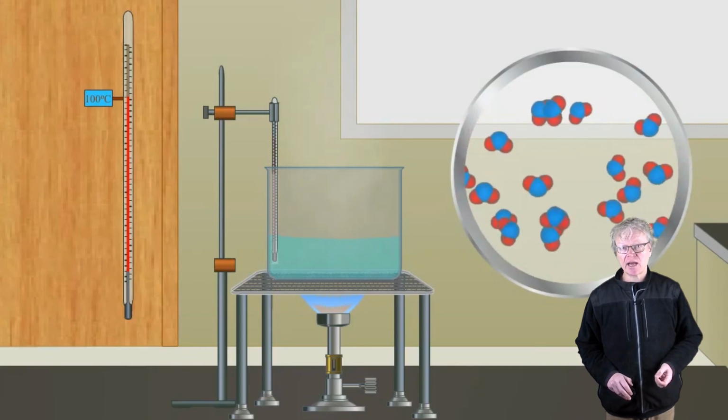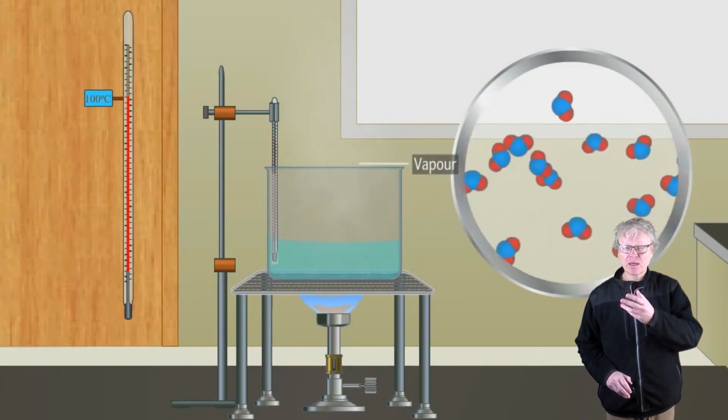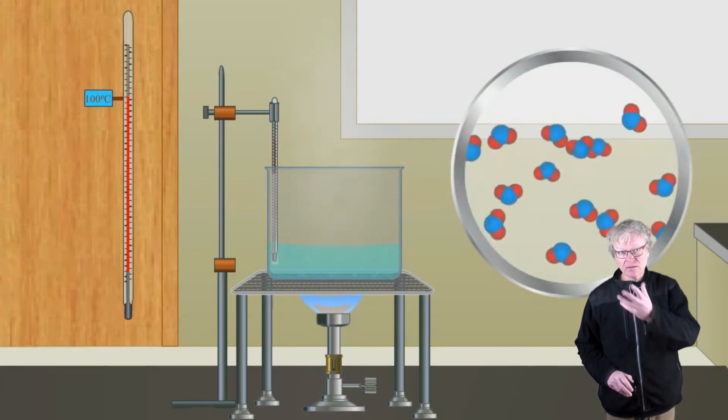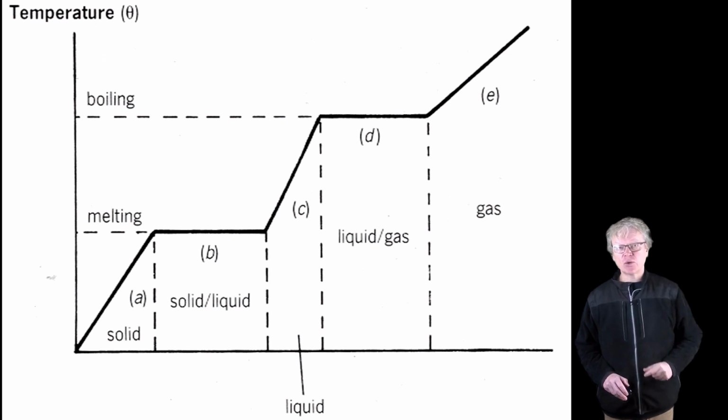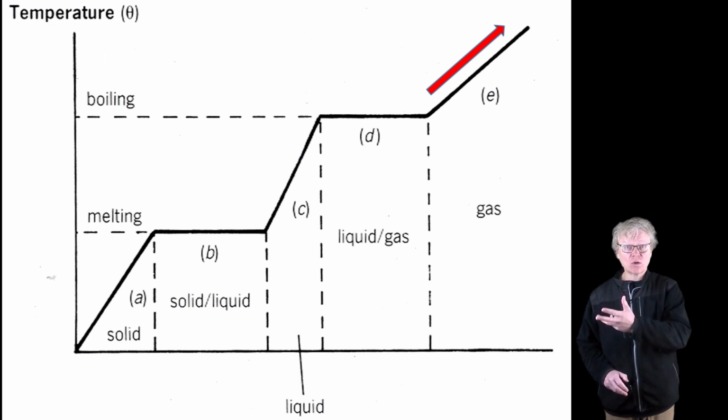That water will stay at 100 degrees. It'll start to boil off, evaporate off, until eventually all of the water has evaporated off, and then the temperature of that gas, if you had trapped the gas and were able to still add heat energy to it, would then increase.